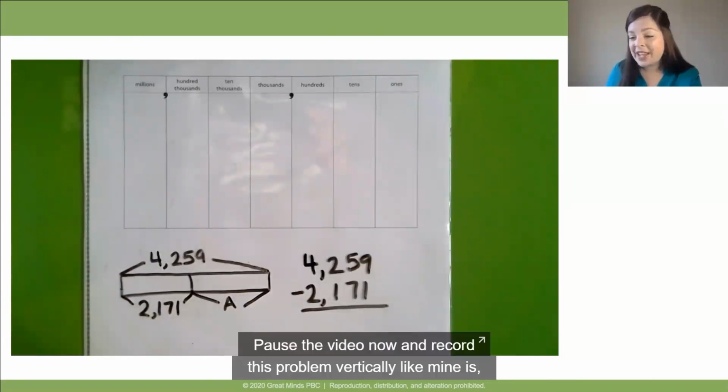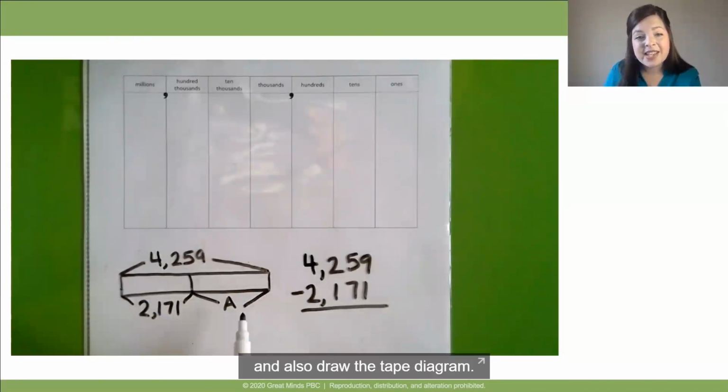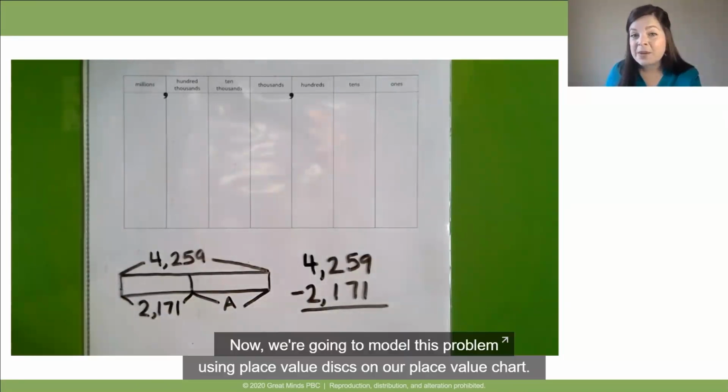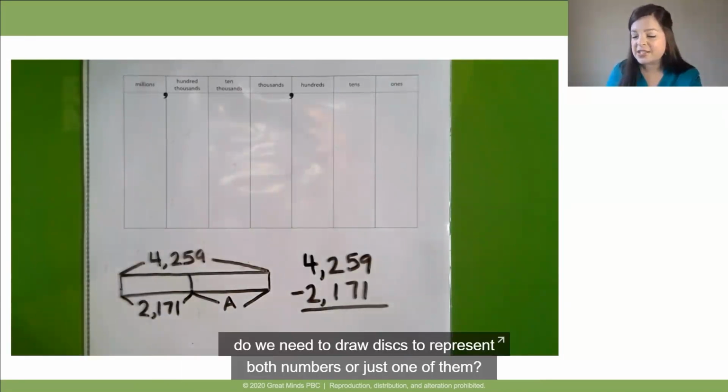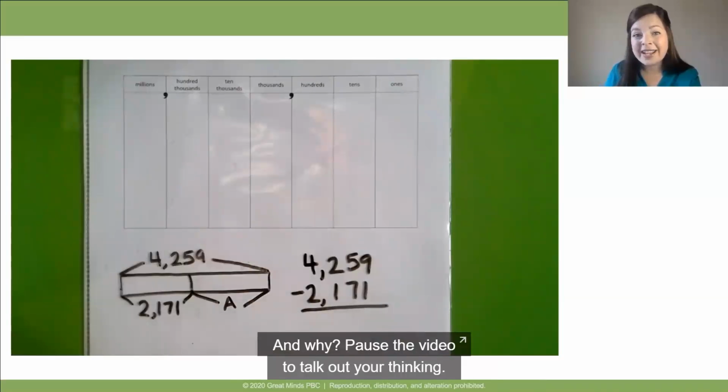Pause the video now and record this problem vertically, like mine is, and also draw the tape diagram. Now we're going to model this problem using place value disks on our place value chart. When we're modeling subtraction using place value disks, do we need to draw disks to represent both numbers or just one of them, and why?